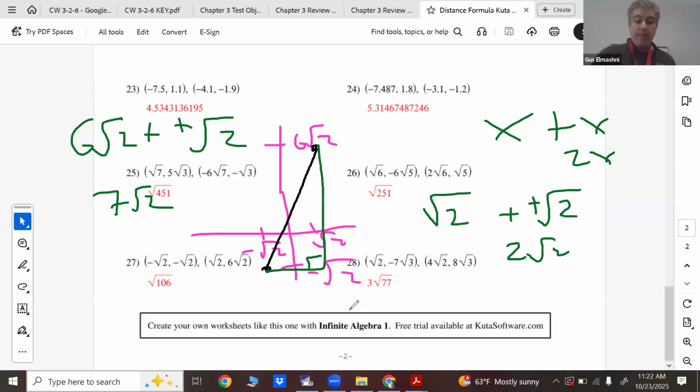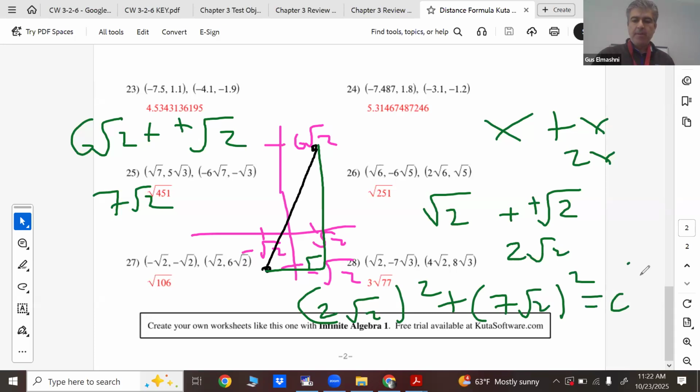Then if I do Pythagorean theorem, a squared plus b squared equals c squared, or d squared, whatever you want to call it. And that's 2 squared, that's 4 times 2 plus 49 times 2. Work it all out, you should get 106. And then square root it afterwards. 28 works the same exact way. It's the same thing.